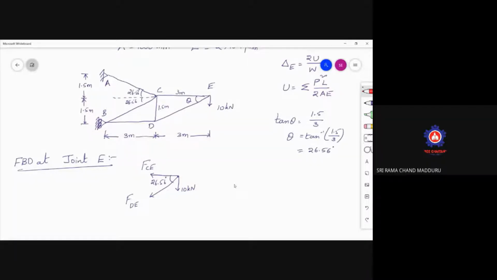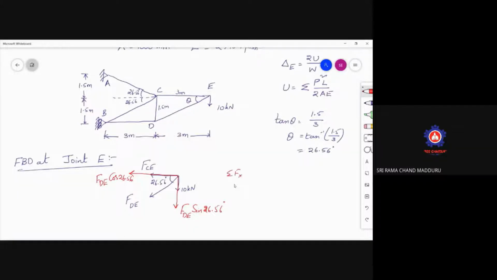You have to resolve the force as it is an inclined force. This FDE you have to resolve along the x-axis. Adjacent to your theta, just remember, is cos: FDE cos 26.56, and FDE sin 26.56.